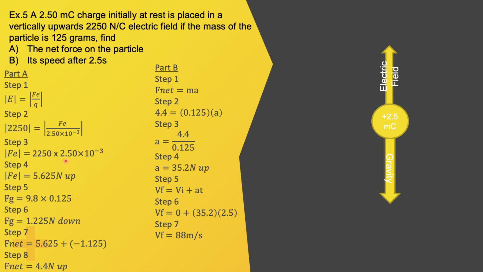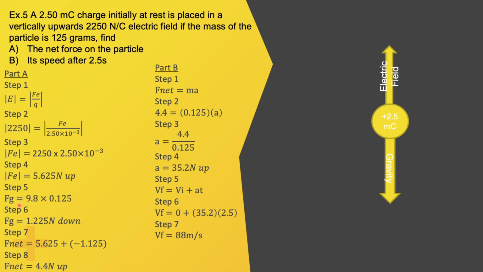And the reason the direction is up is due to a positive test charge experiencing electric force the same direction as electric field, and due to electric field being up, electric force is also upwards. In step 5, we need to find Fg, which is equal to force gravity. And force gravity is equal to 9.8 times 0.125, which is our mass.